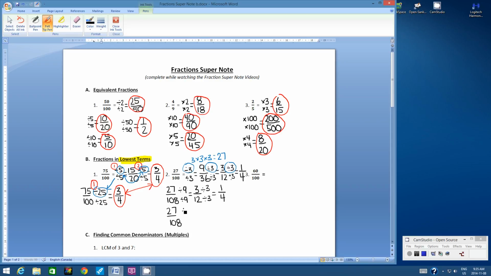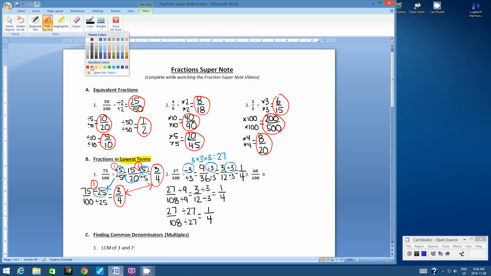Well, it's definitely going to work for the top, the numerator, and using my calculator here, I see that yes, it will work. So let's try dividing by 27. It's not very often that we get to use a factor of 27 for many numbers. So 27 divided by 27 is 1, and 108 divided by 27 is 4.